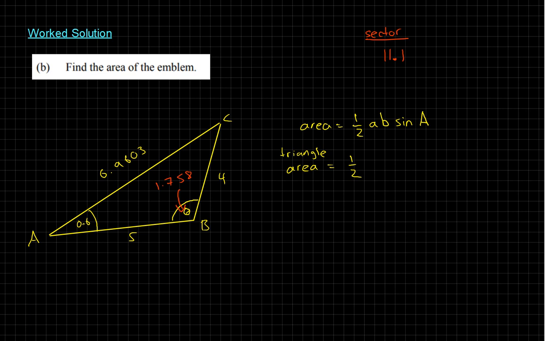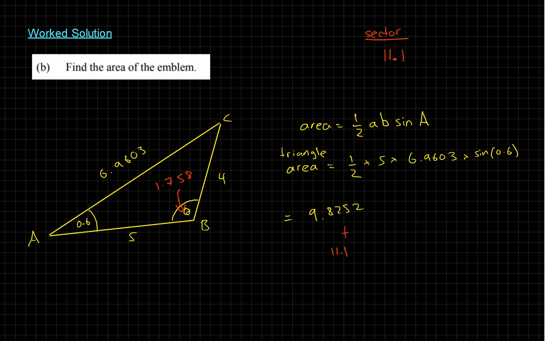So this is 1/2 times 5 times 6.9603 times sine of 0.6. Okay, that's equal to, let me use the calculator, 0.5 times 5 times 6.9603 times sine of 0.6, 9.8252.